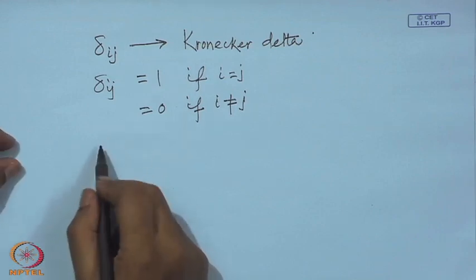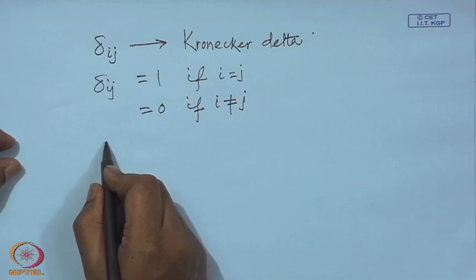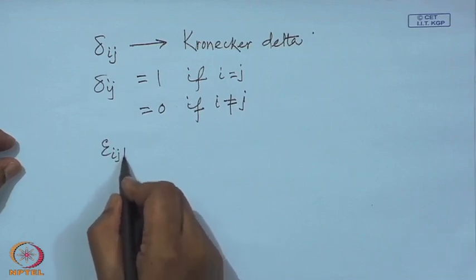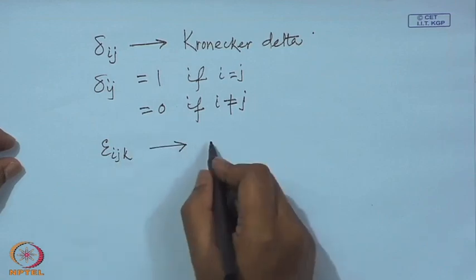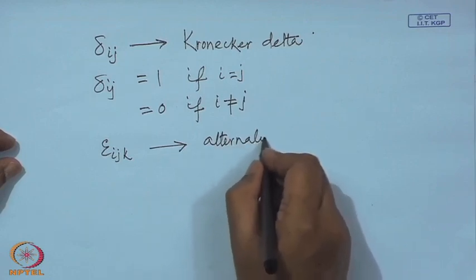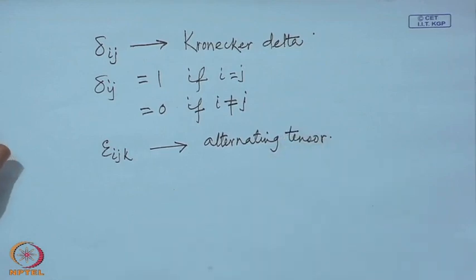The other one is epsilon ijk, called the alternating tensor. As you can see, it is a third order tensor.